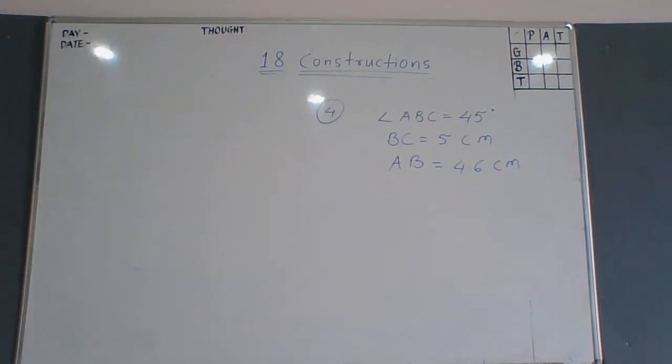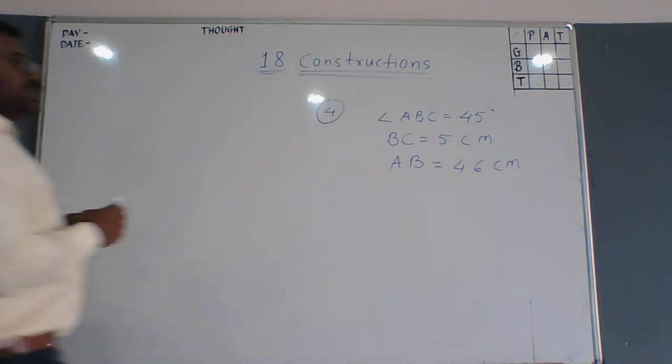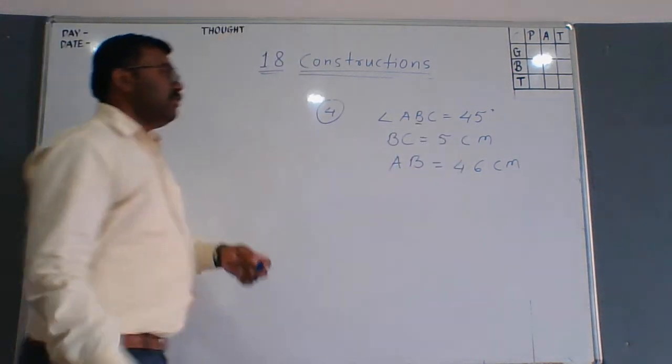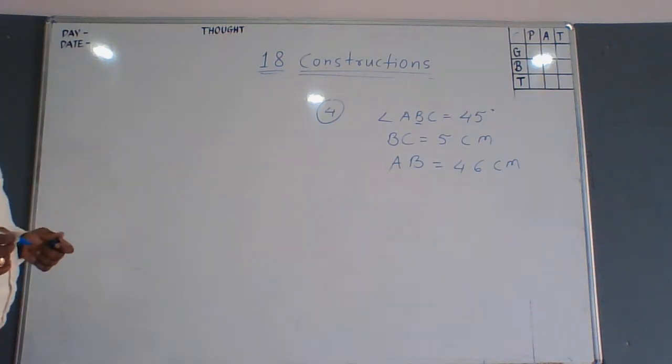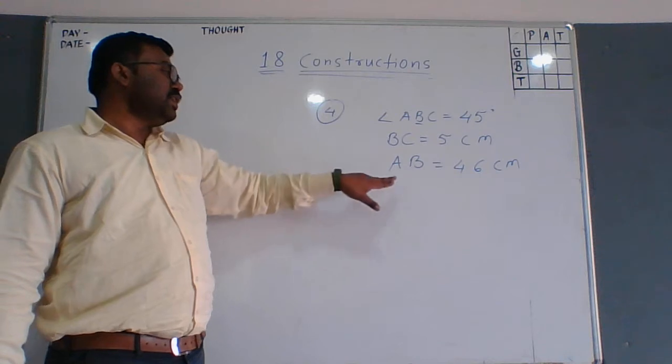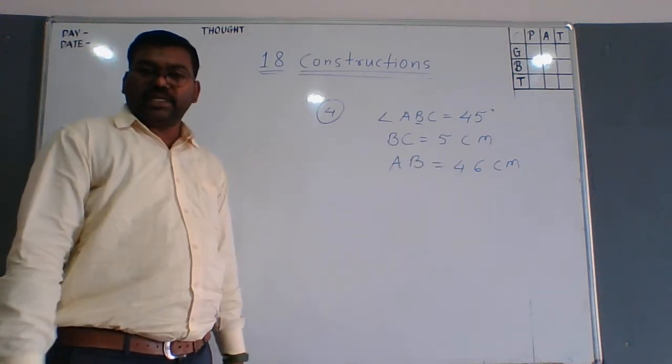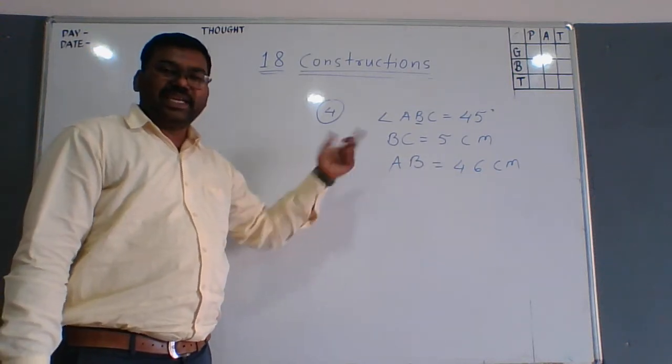In this fourth question, we want to construct the angle ABC of 45 degree. So first we will construct the angle ABC. Then BC is 4 centimeter and AB is 4.6 centimeter. So these measurements we will take later on.